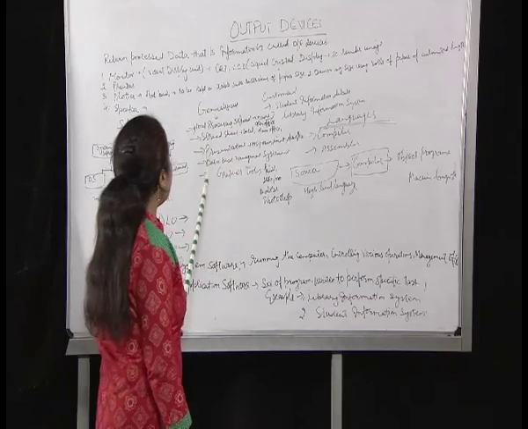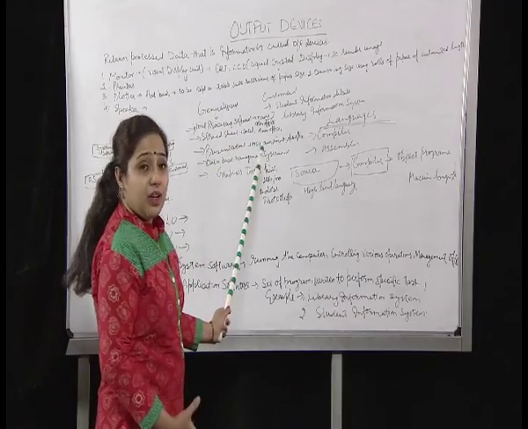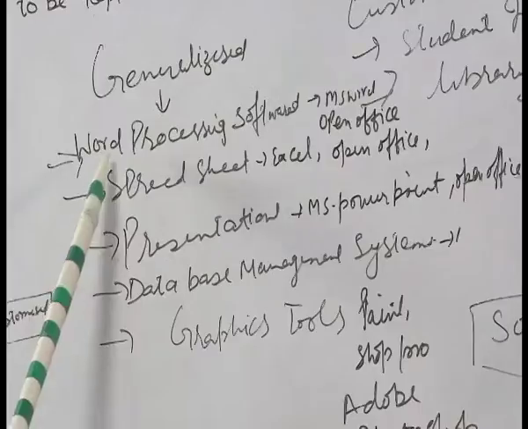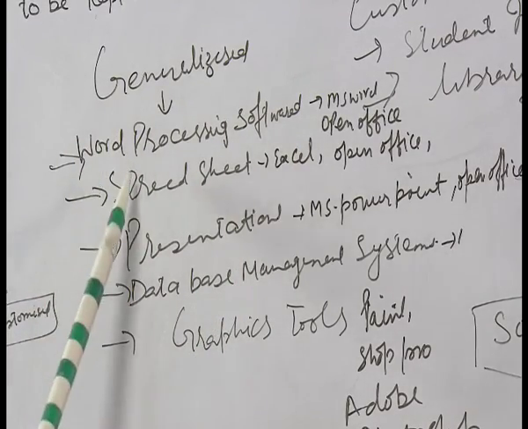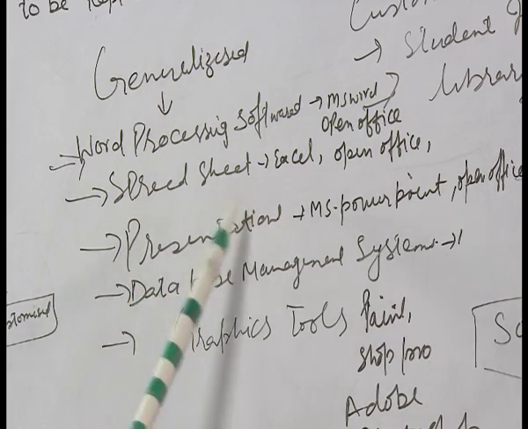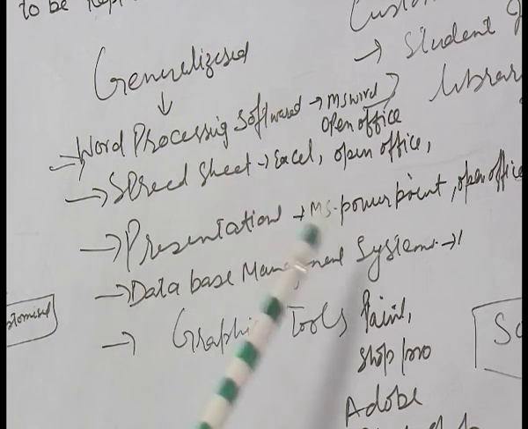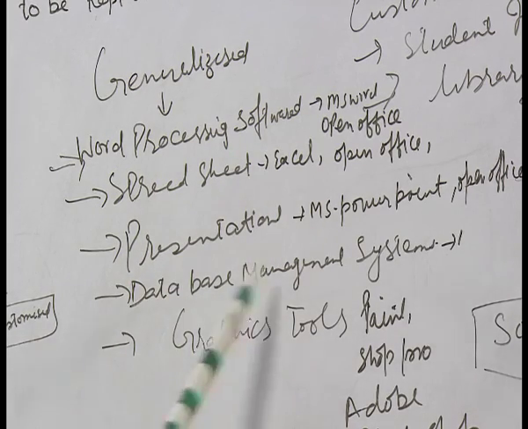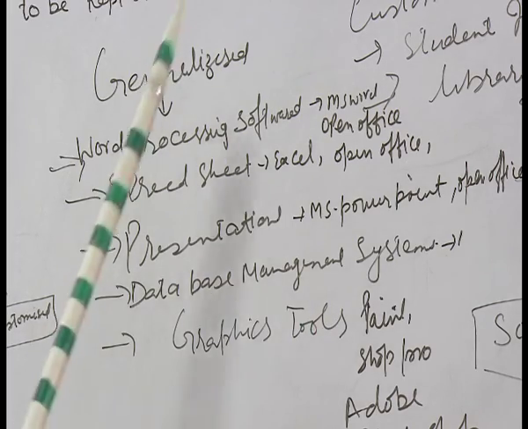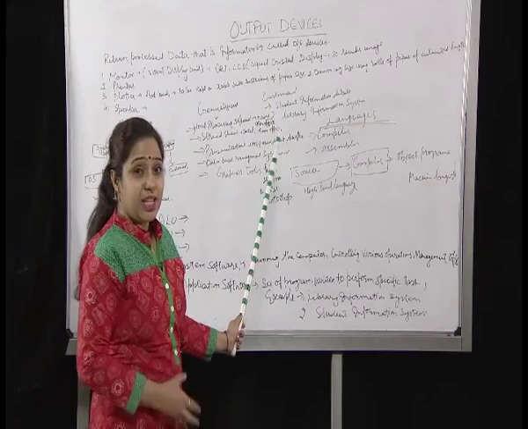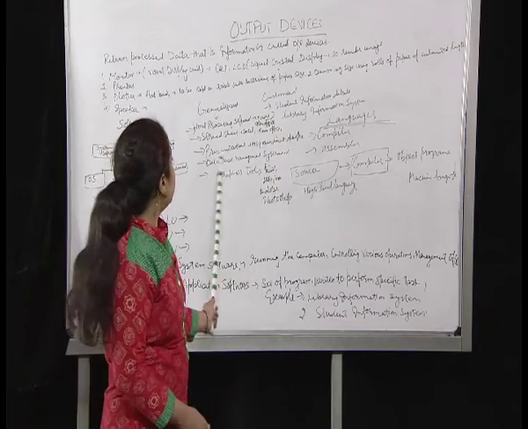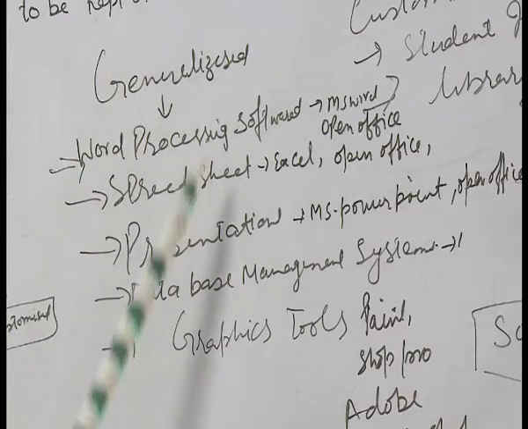There are different parts, different characteristics of a generalized system, like we have word processing software, spreadsheet, presentations, database management system, as well as graphics tools. These are all generalized, the packages in which we are using these kinds of software, that is known as generalized software.